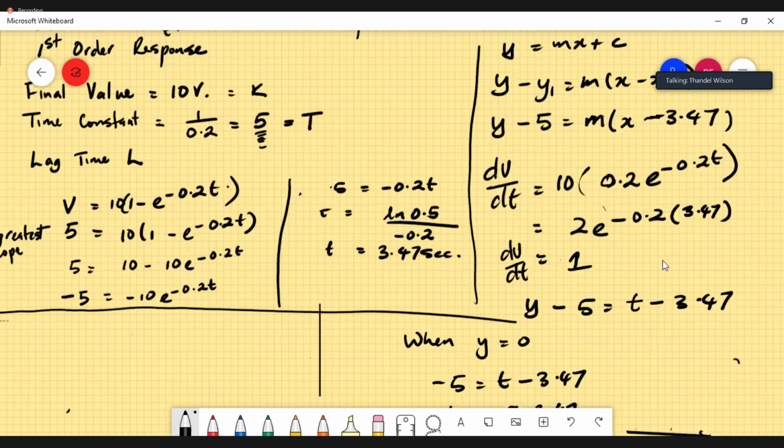I wonder if the x1 value would have been the 3.47 and the x2 value would have been t. No, this is m, y minus y1 and the y value of 5, and this m times x minus x1. So this x1 is 3.47 and this would have been the t. And the m is the gradient, which we got as 1.